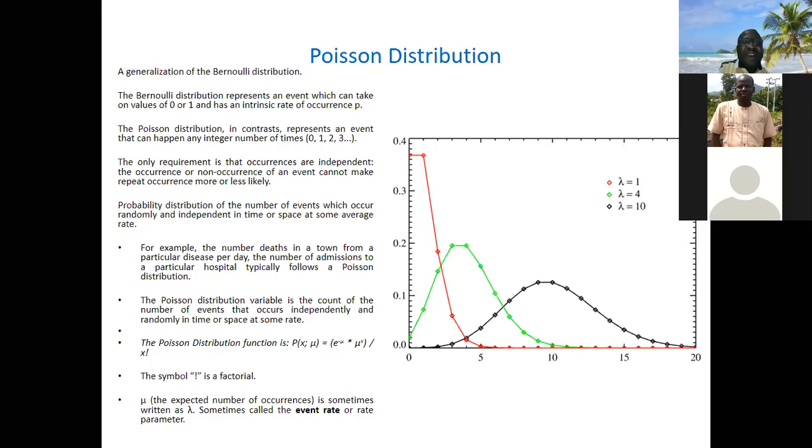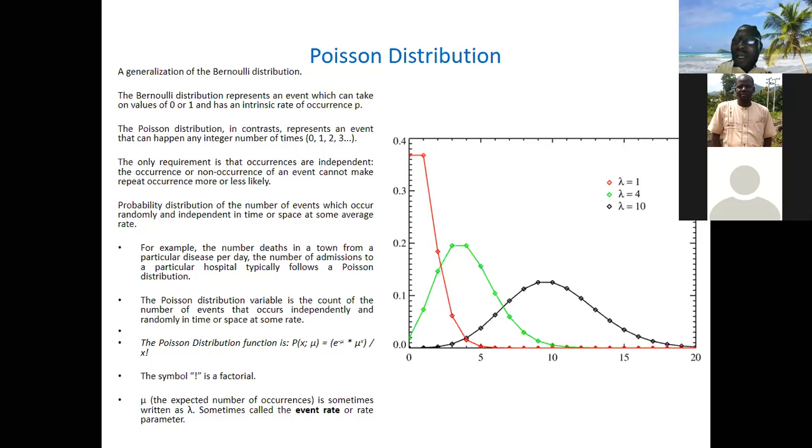The Bernoulli distribution represents an event which can take on a value of 0 or 1 and has an implicit rate of occurrence of P. But the Poisson distribution can assume 0, 1, to whole numbers, because it's the number of something, the rate of something within an interval of time or space. It is a rate, the number of something: number of children, number of hospital admissions in a month, number of deaths in a year, all this mortality rate, number of deaths among mothers, among women of reproductive age, among infants, among neonates, all this is number of.